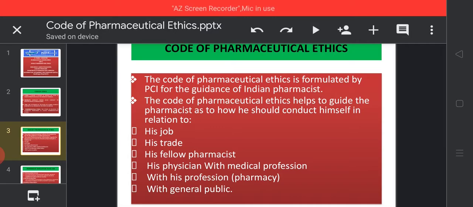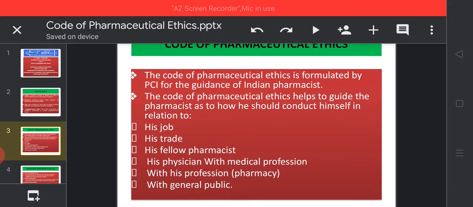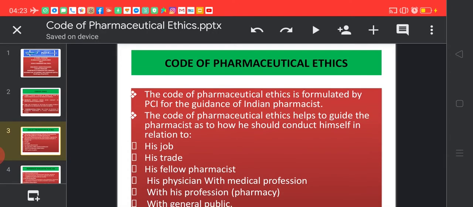Pharmacist in relation to his fellow pharmacist, अपने कलीग के साथ में उसका रोल एंड रिस्पॉन्सिबिलिटीज. Pharmacist with his relations to physicians, with medical professions. Pharmacist with his profession in the field of pharmacy. And pharmacist in relation with the general public. So these are all the roles and responsibilities of conduct.